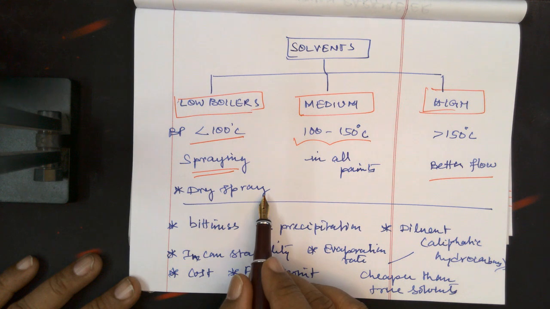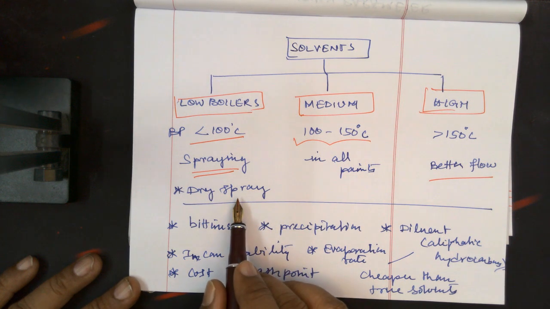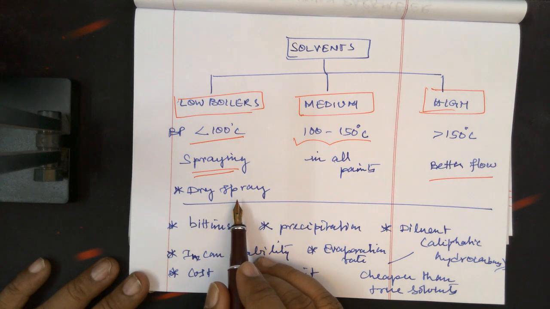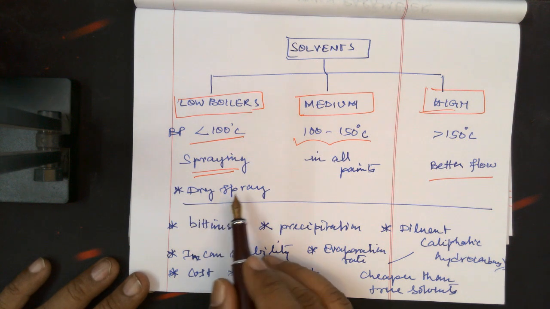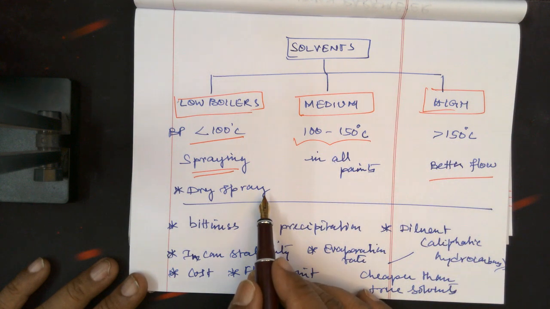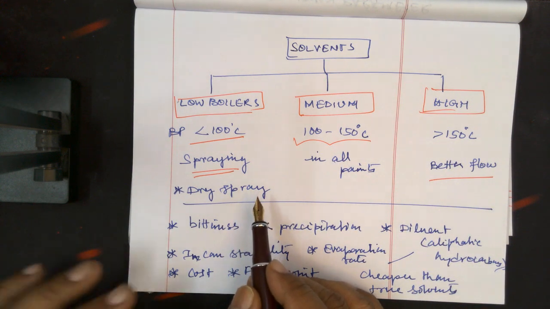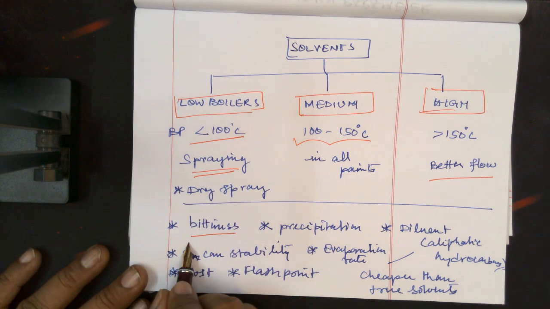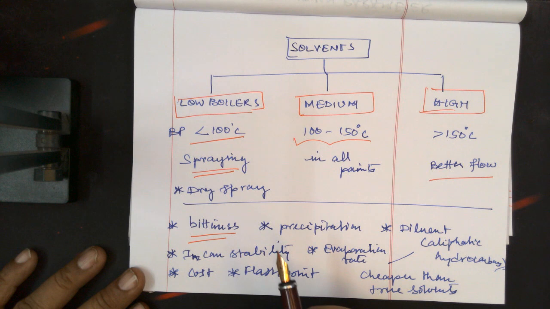But even if the distance is maintained, sometimes because of poor formulation you will get a lot of dry spray also. In that case a formulator can incorporate high boilers as the retarder so that it will avoid fast evaporation.